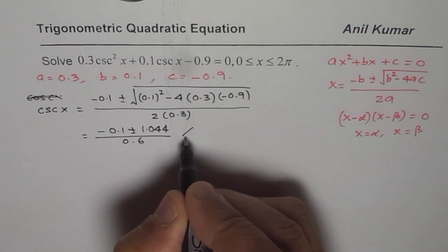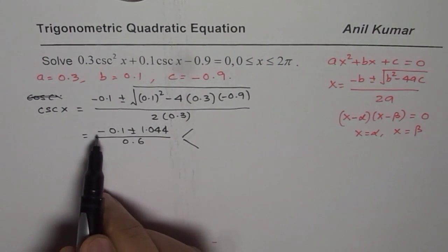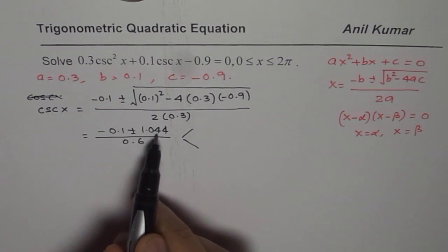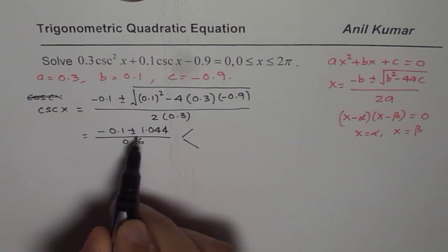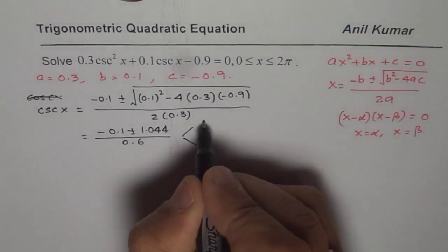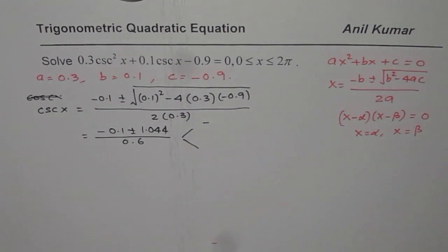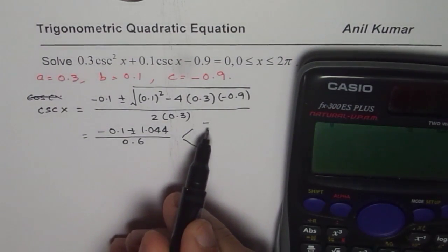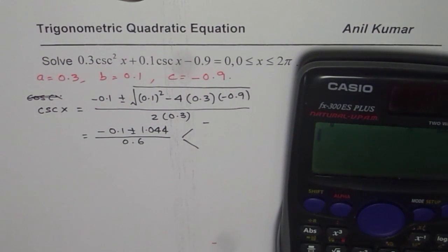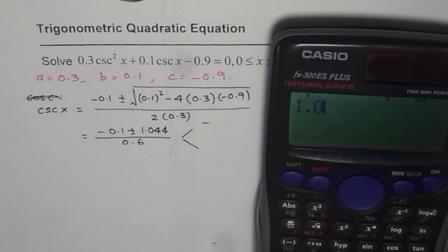So that gives us two solutions, right? One with negative 0.1 and the other adding both negatives. If I add both negatives, I get a negative answer, so I'll just add them up. 1.044 plus 0.1, divided by 0.6.